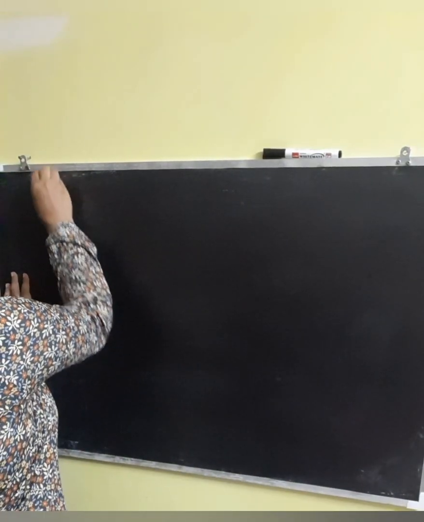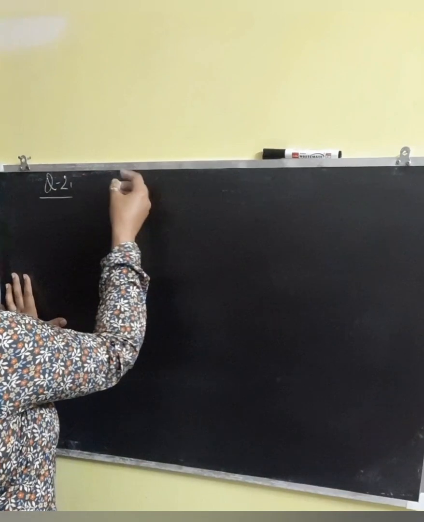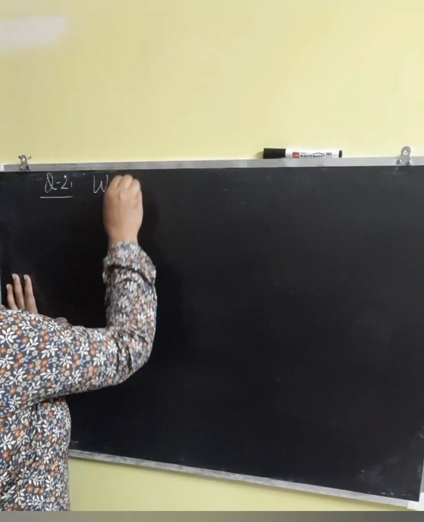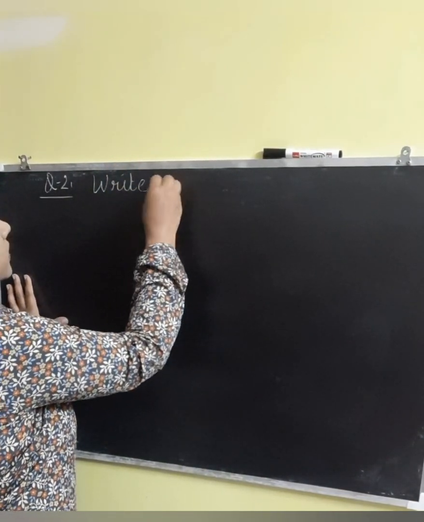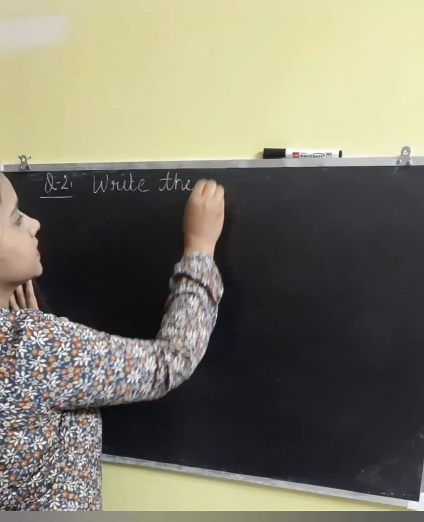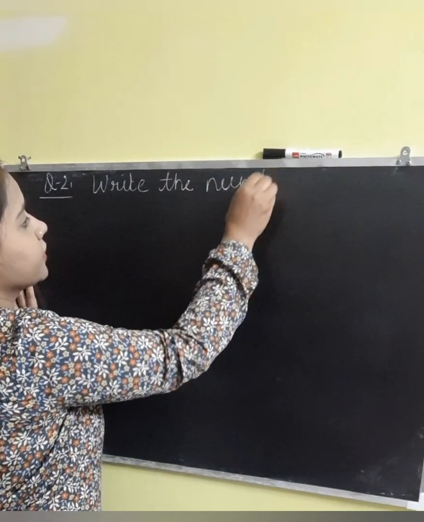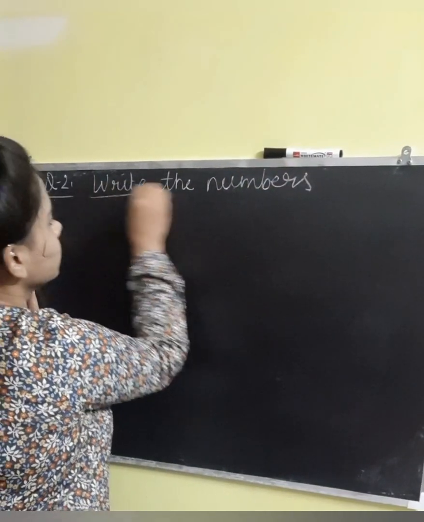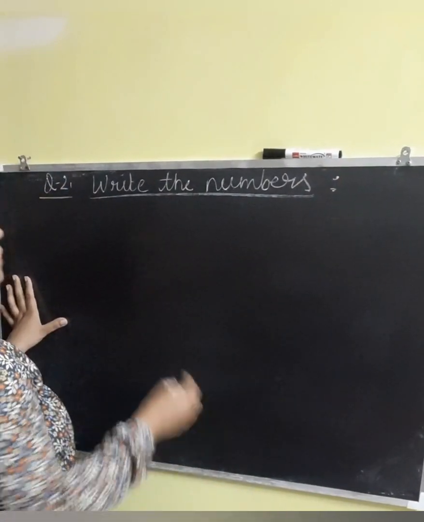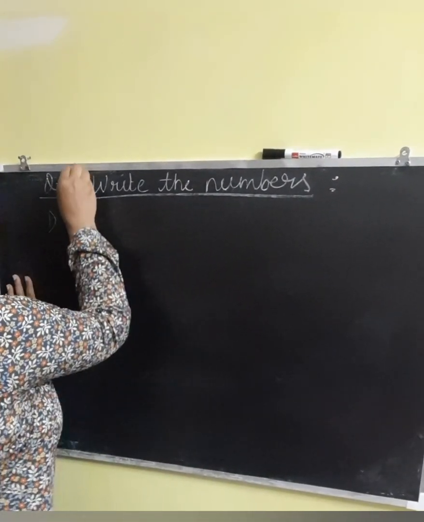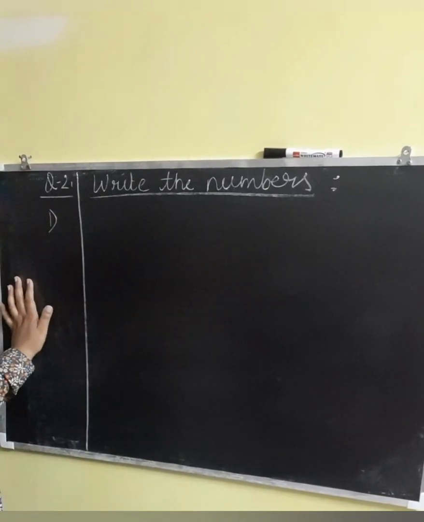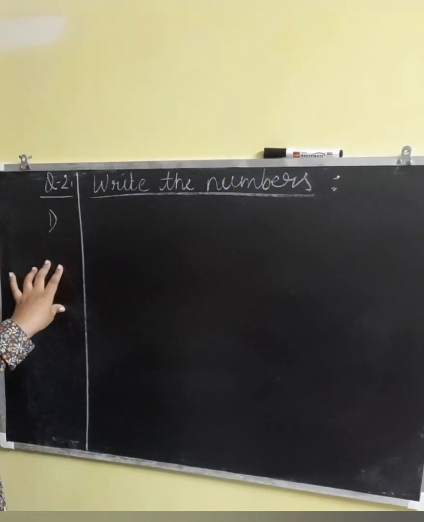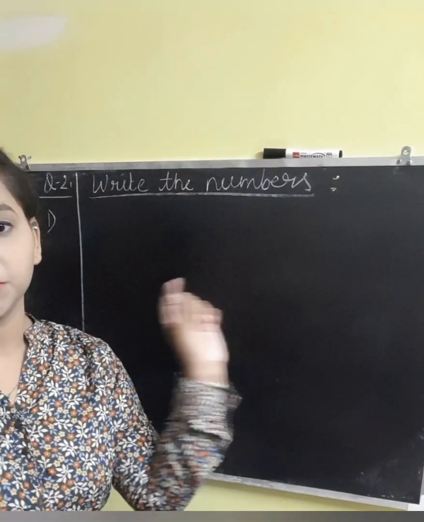So question number 2 is write the numbers. So this is the heading of your question, write the numbers. So I will give you here the expanded form and you are going to write it in the digit form.